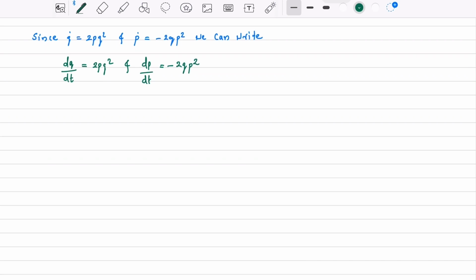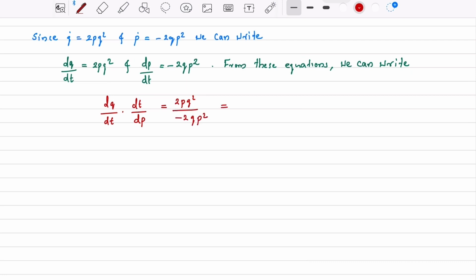Now from these two equations, dq by dt into dt by dp is equal to 2p q squared divided by minus 2q p squared, which is nothing but minus q by p, or dq by dp is equal to minus q by p.